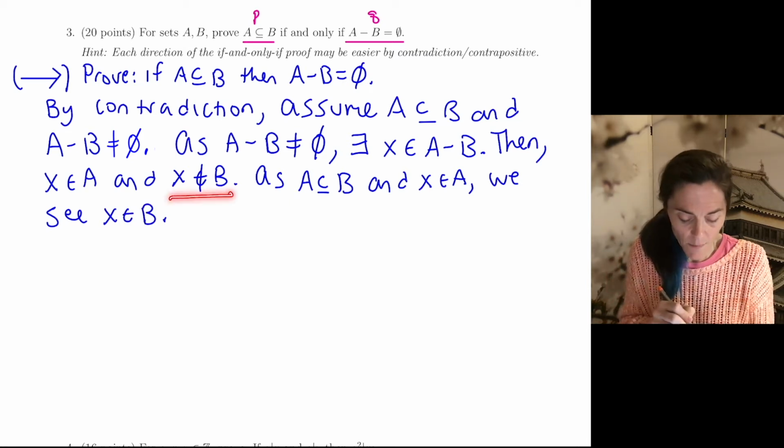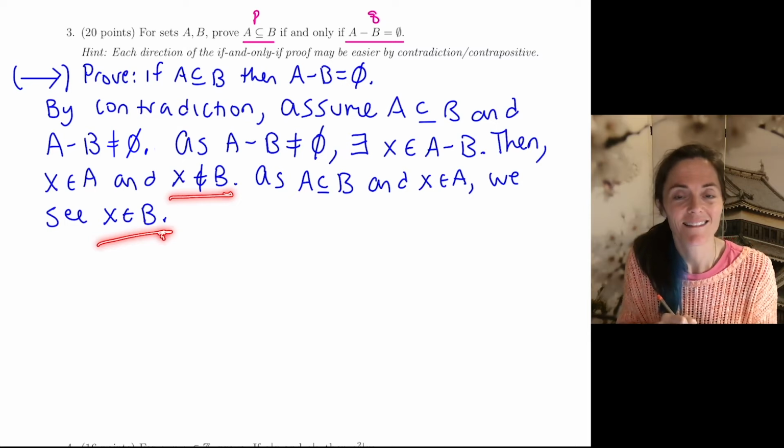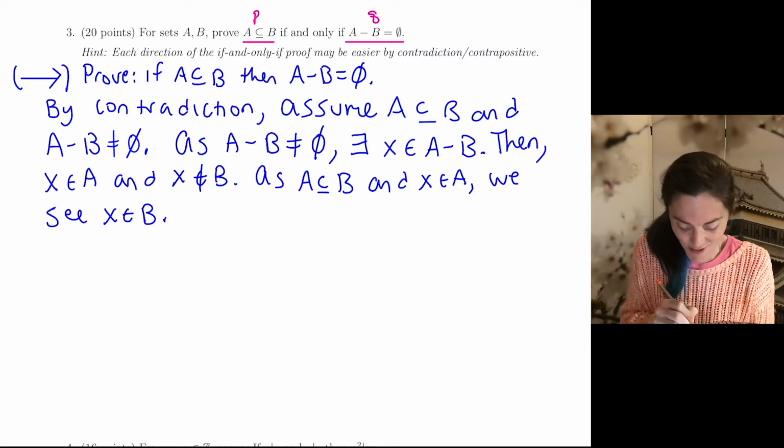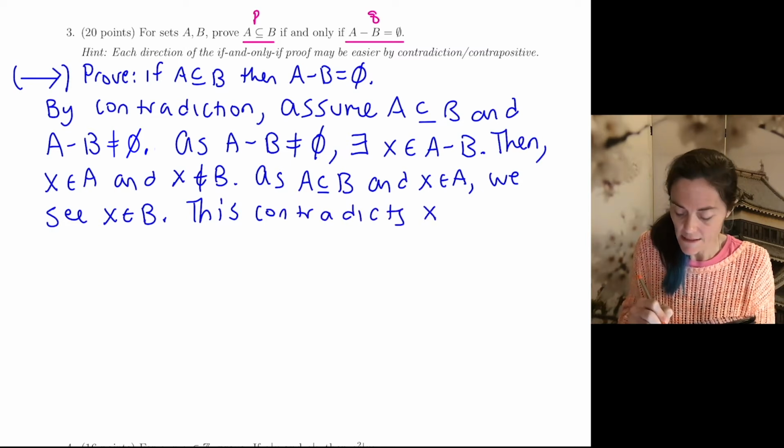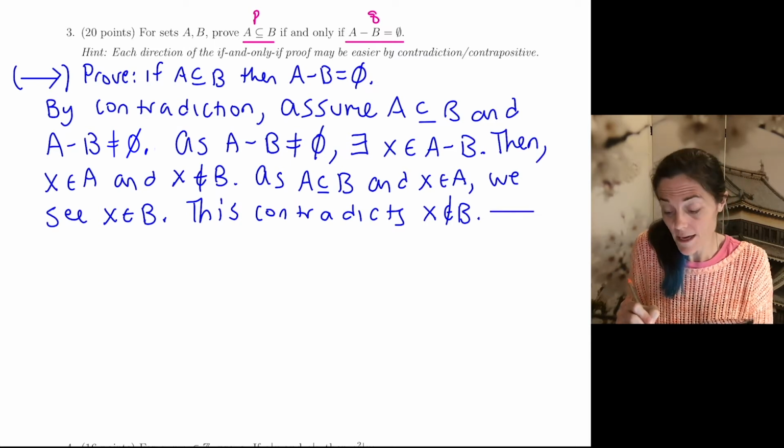We have X is not in B and X is in B. That's always false. So this contradicts that X is not an element of B. So this is the end of this direction.